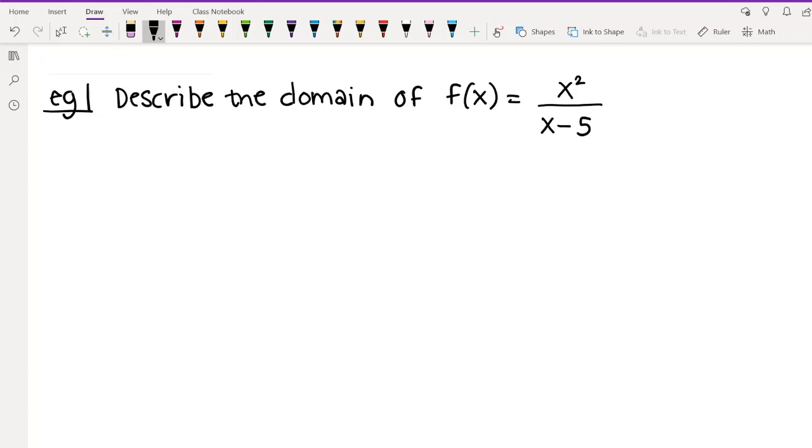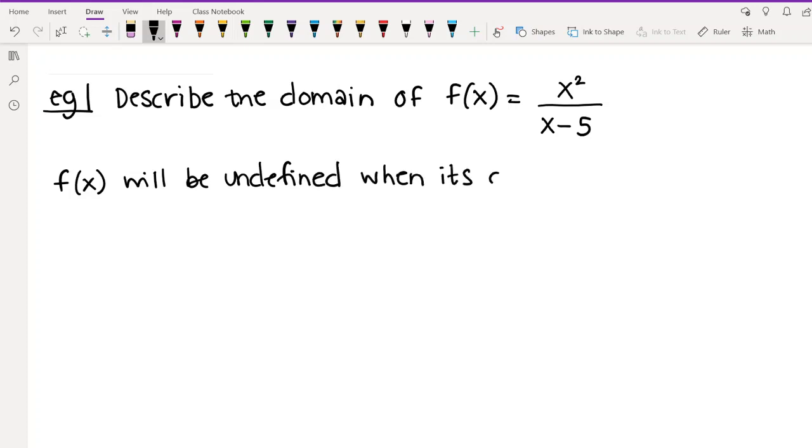As we just saw on the previous page, you run into a problem when you have a 0 in the denominator. And so we need to figure out what number would make the denominator of this 0. So we can say that f of x will be undefined when its denominator is 0. That's really what will mess this up.